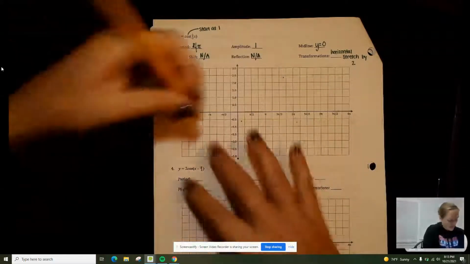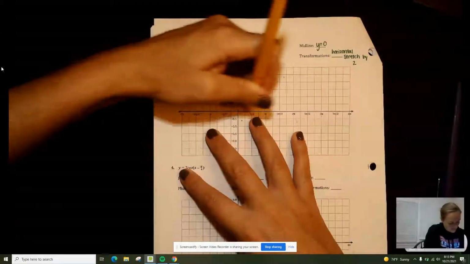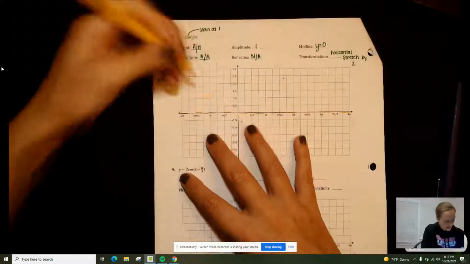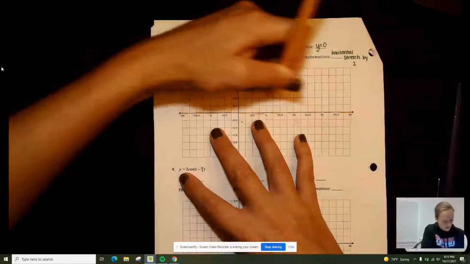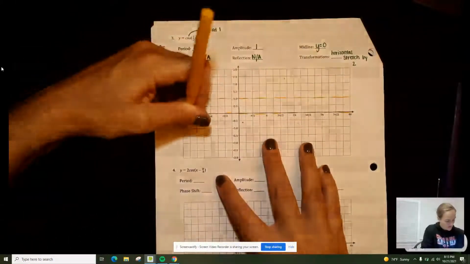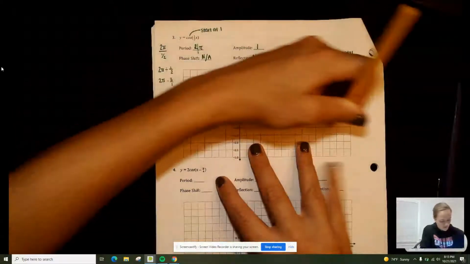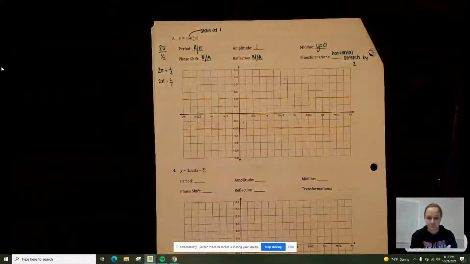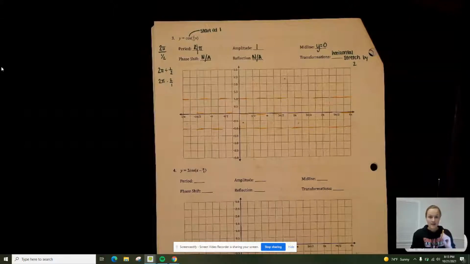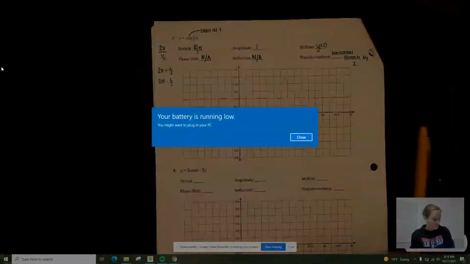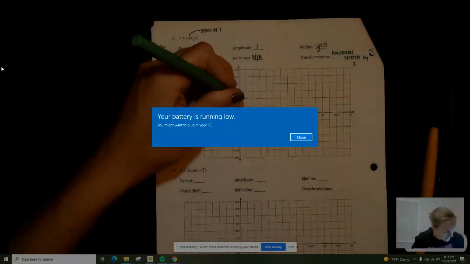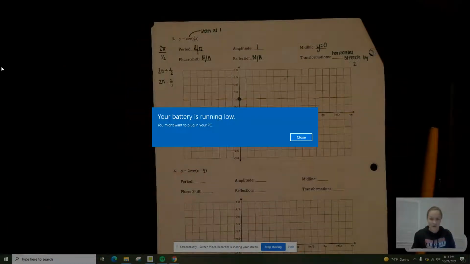So I can see my midline at the x-axis and know that my amplitude is 1. So it's going to all be between -1 and 1. It says start at 1. So I'm going to start up at the top. That didn't change because it didn't move anywhere.